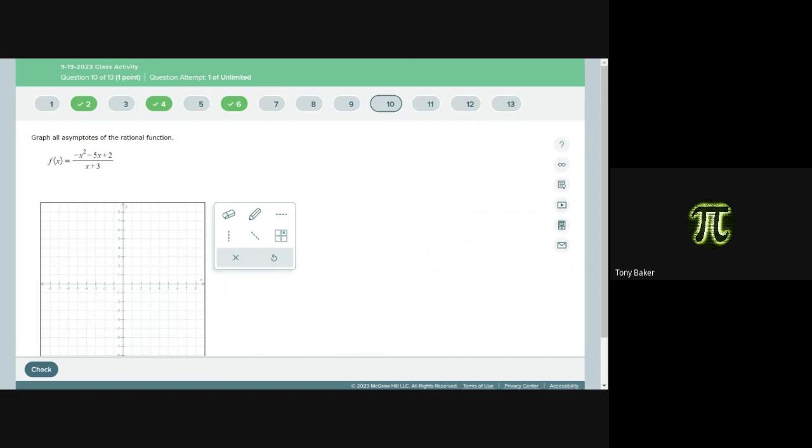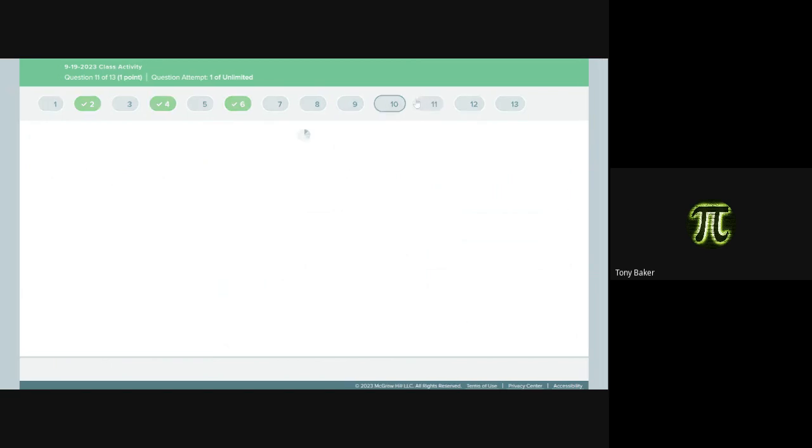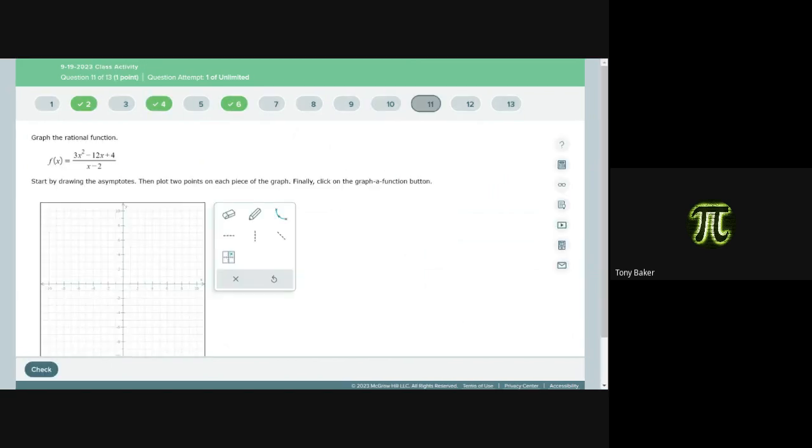It does have slant asymptotes. Sorry. It's good practice for your long division. All right. So step 1, let's find our horizontal and vertical asymptotes if there are any.